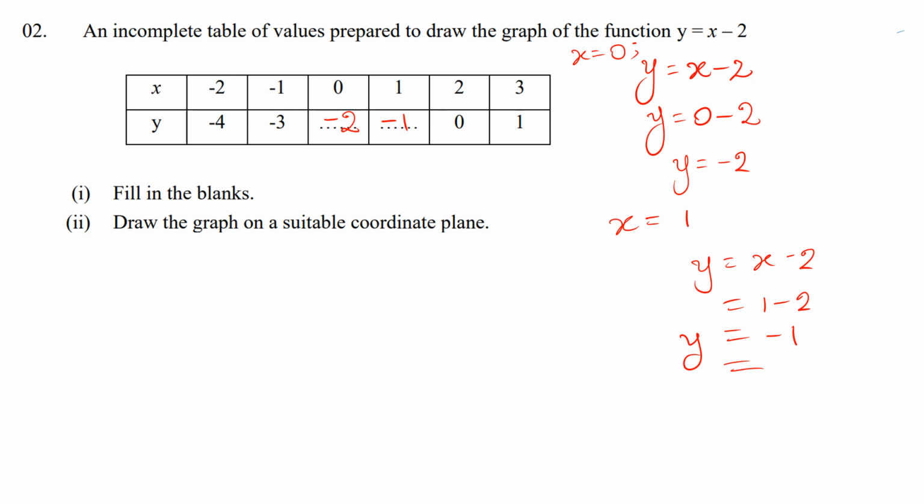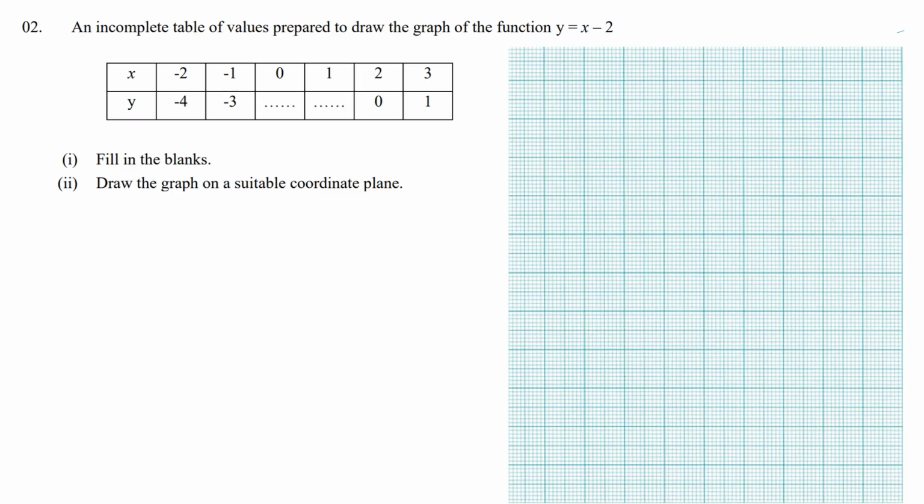Then draw the graph on a suitable coordinate plane. For that we will take a graph paper, and you have to do it. Okay, let's draw the graph. Here you get minus 2, you get minus 1, right?